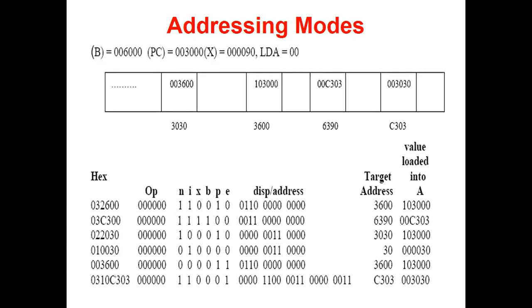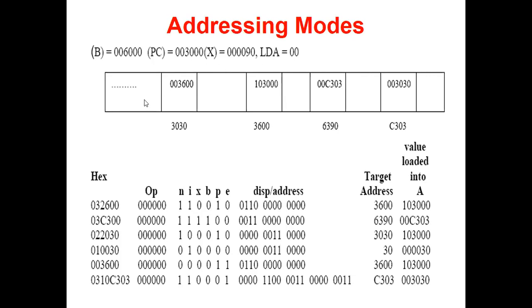Then the remaining bits, we can now say that bit number 7 is N, bit number 8 is I, 9 is X, 10 is B, P is 11, E is 12, and then these other 12 bits, that is the displacement. Because that is what the format says. Opcode 6 bits, followed by the bits N, I, X, B, P, E, and then the displacement.